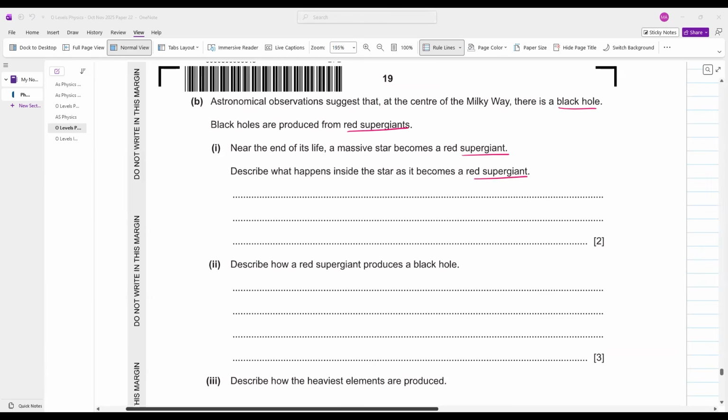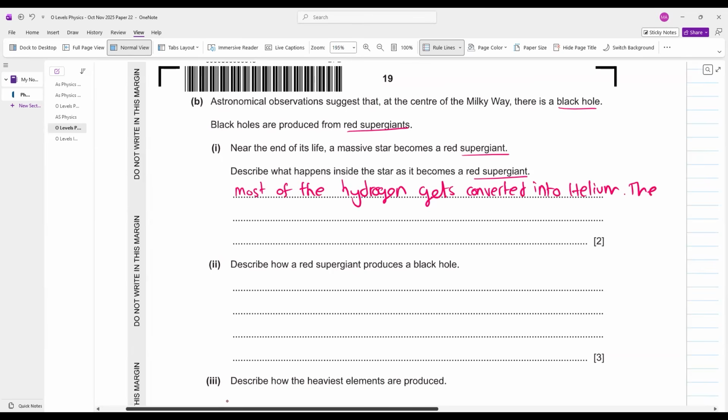What happens when you become a red supergiant? When do you become a red supergiant? When most of the hydrogen has been converted into helium. Your outer region expands and the inner core contracts. So you will say most of the hydrogen gets converted into helium.